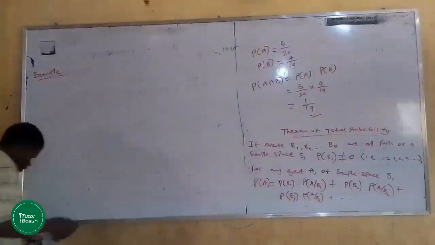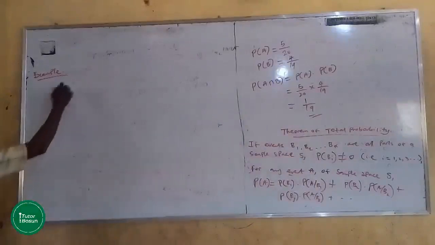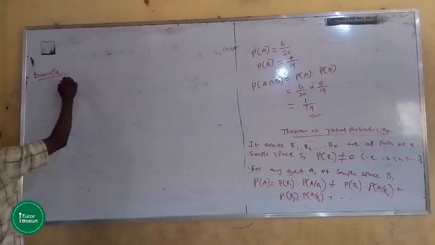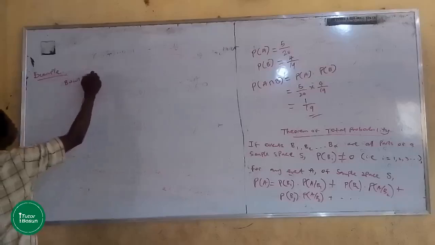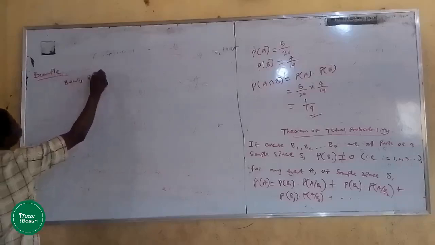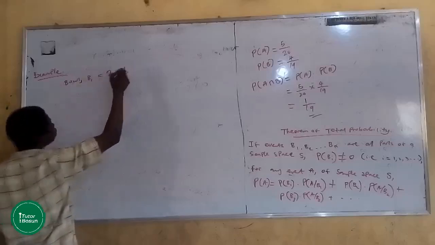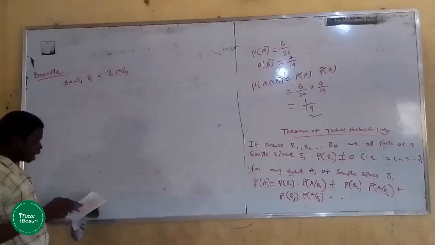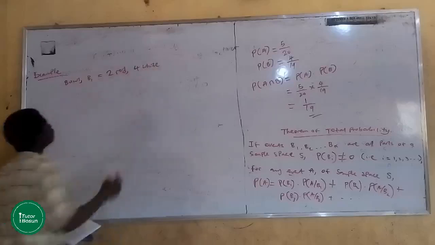The question says bowl B1 contains 2 red and 4 white chips.